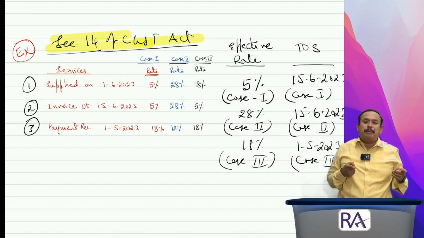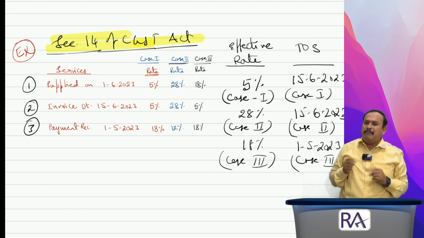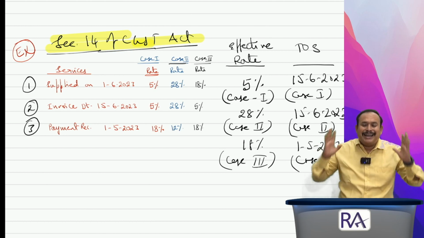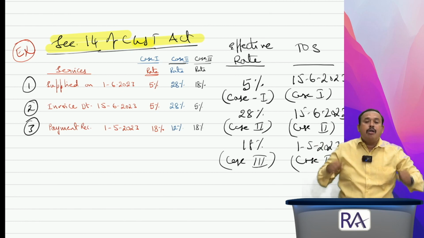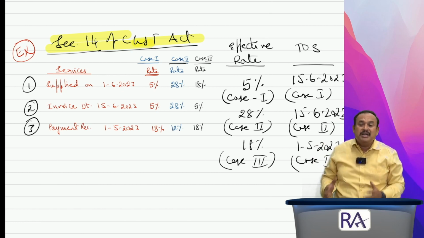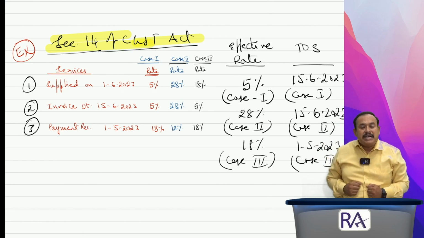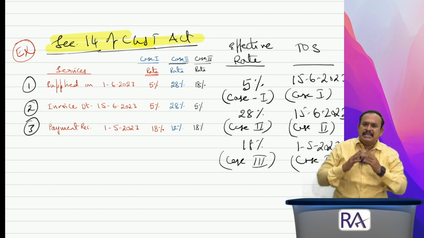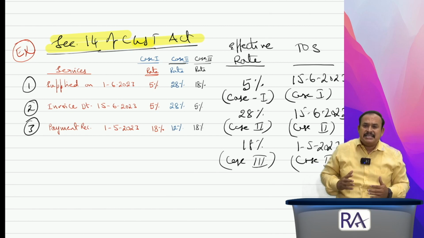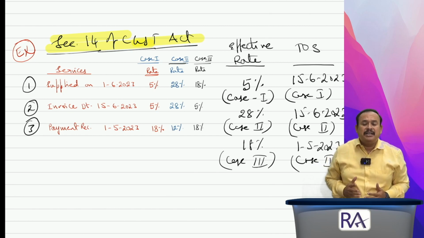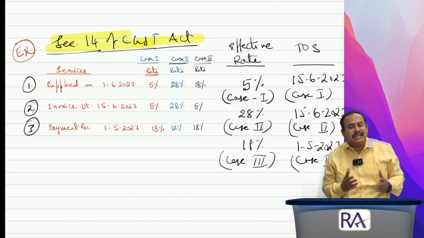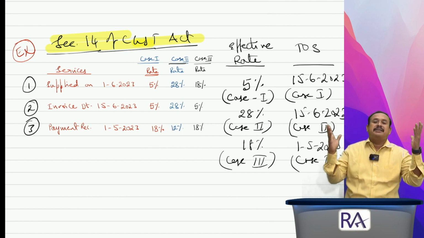Look at the date of payment and the date of invoice; among the two, whichever is earlier. If neither the date of invoice nor the date of payment received is matching with the date of completion of supply of service, then the time of supply of service under section 14, change in the effective rate of tax, is the date of payment or date of invoice, whichever is earlier. As simple as that.